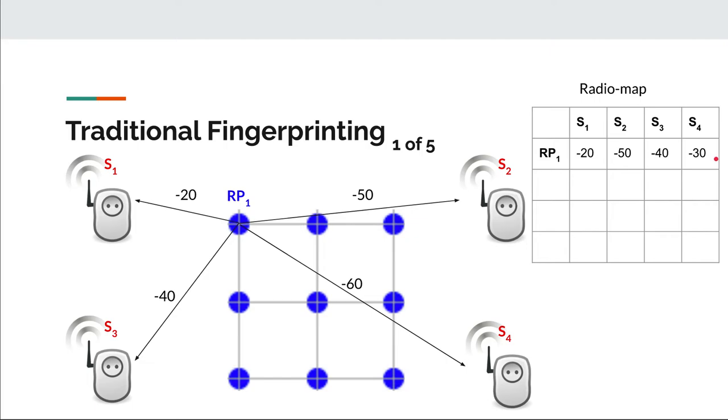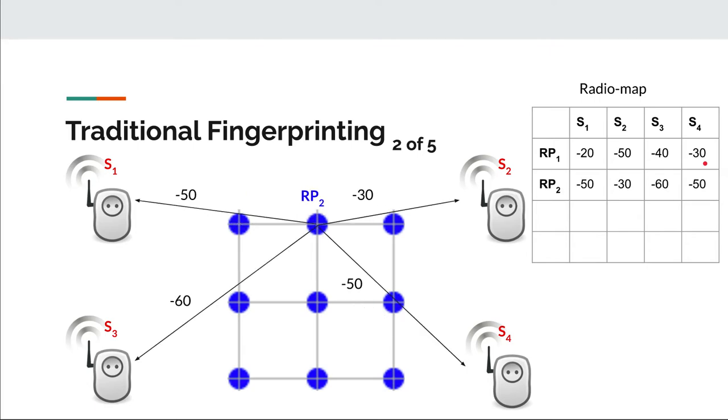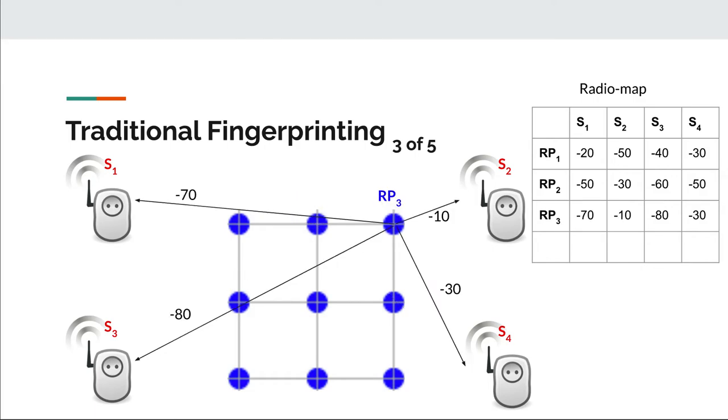Or we can say that a reference point is fingerprinted by the RSSI pattern in each row of the radio map. In the current case, we can say that RP1 is fingerprinted by RSSI vector -20, -50, -40, and -30. We can repeat the same process for all the other reference points in the grid, and eventually we will acquire a radio map with RSSI fingerprints for all reference points.